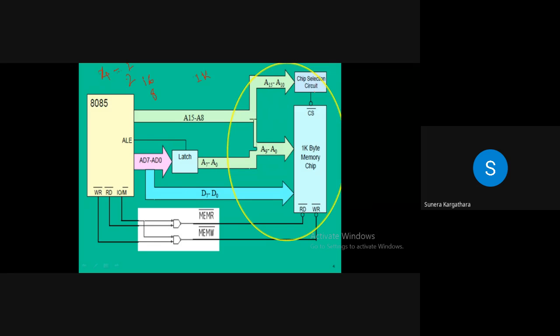Am I communicating, students? Now suppose when A10, A11, A12, A13, A14, A15, all lines are 1, at that time only this chip will be selected. If my A10 is 0, then ROM is selected. If my A11 is selected, then this device is selected.